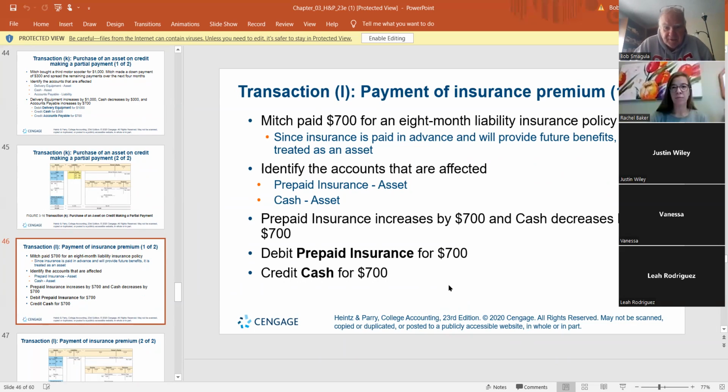The asset, prepaid insurance, increases and cash decreases. You buy an insurance policy in December, but you're not covered, say, until January. So when you bought it in December, it's an asset. When you go 1 month in January, hopefully you didn't use the policy, you got the benefit of it, and then you've got some expense.